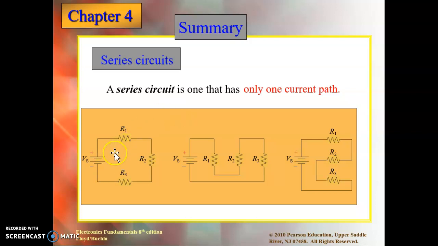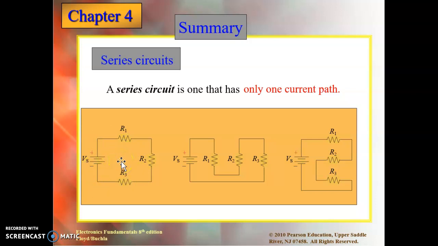So in this case, we have the voltage source, the current goes through this path, across this resistor, continues the path, goes across this resistor, continues the path, goes across the other resistor, continues the path, and goes back to the voltage source. So we have a closed path, going from the positive all the way to the negative terminal of the voltage source.